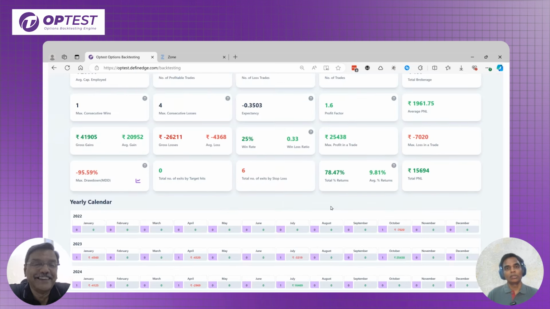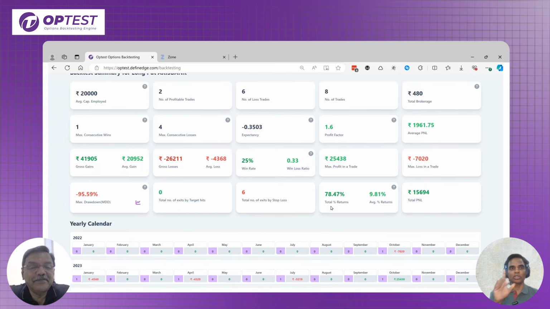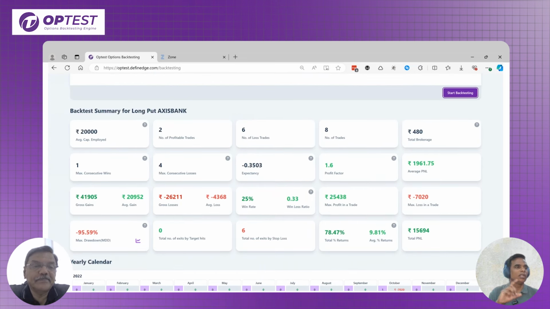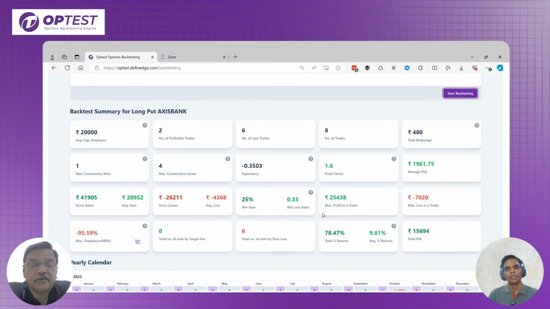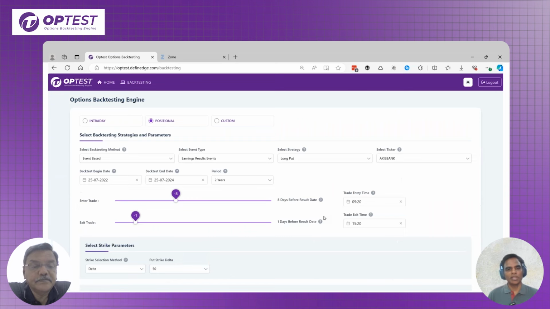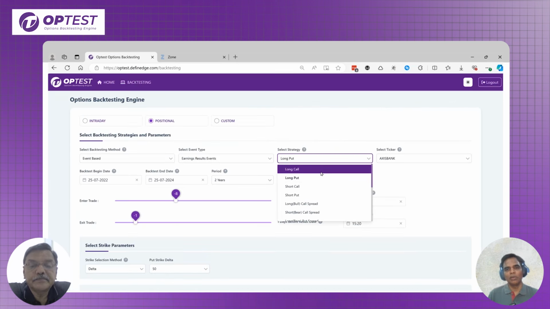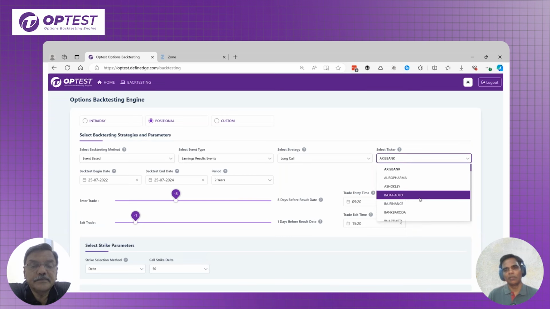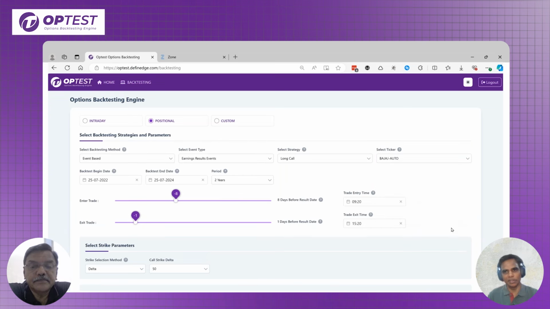It is possible that Axis Bank might be in some kind of consolidation, or it might be going down, so that also might play a factor in this. But still, expectancy is not good. Yeah, it's negative.